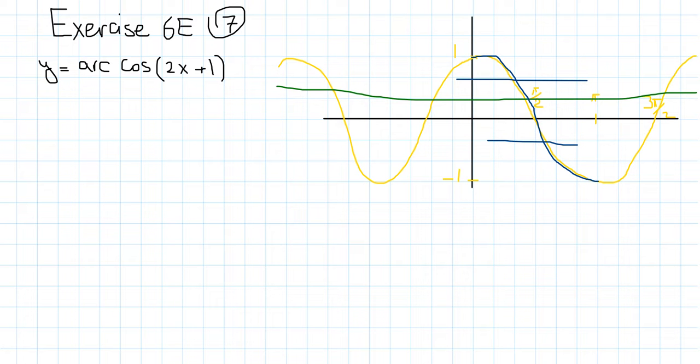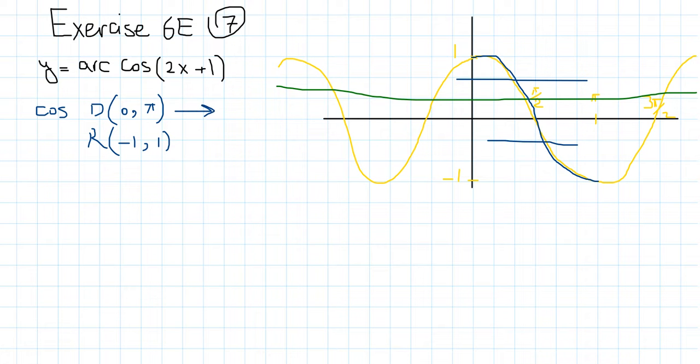Now write the domain of the cosine. For cosine, the domain on which the graph is 1 to 1 is between 0 and pi, and the range is from -1 to 1.